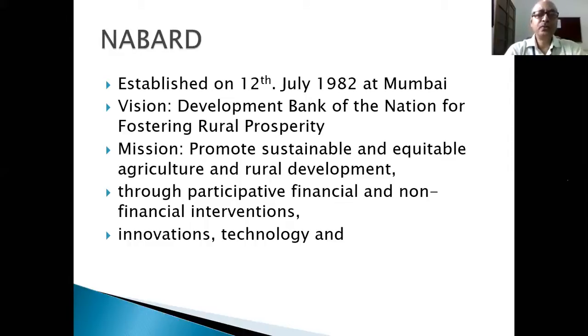NABARD's mission is also to do it through innovation, and that is why there was a separate fund in NABARD known as RIF, Rural Innovation Fund, through which they have financed a lot of innovation in rural areas.